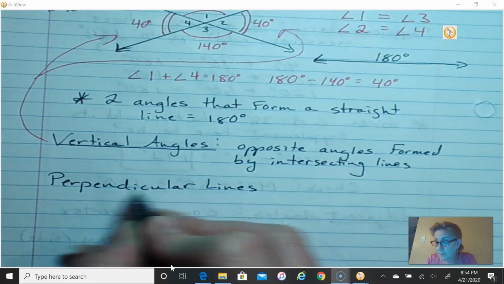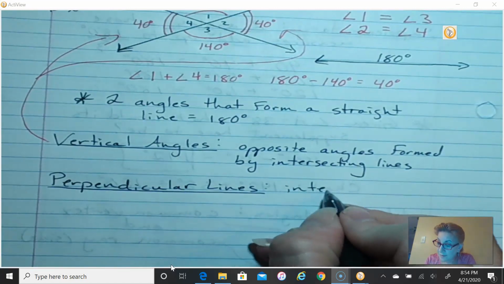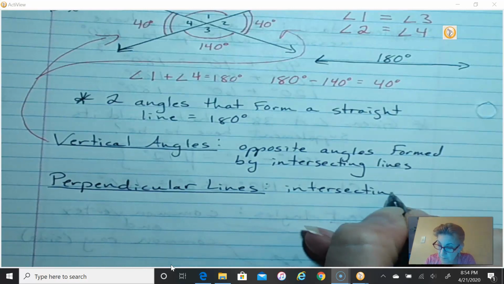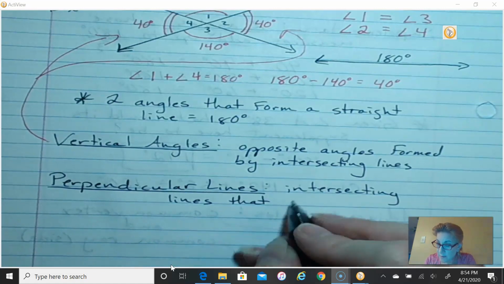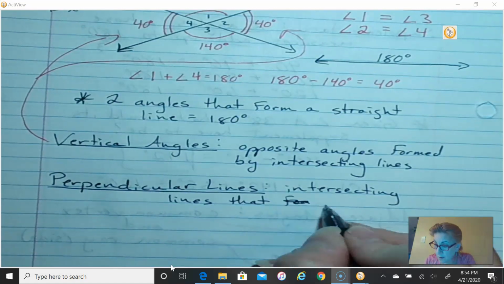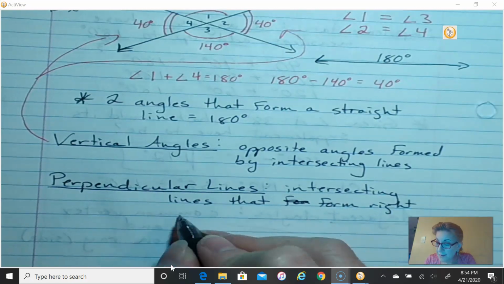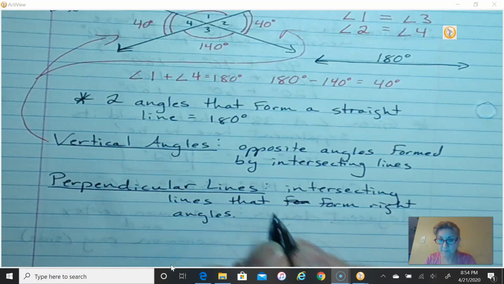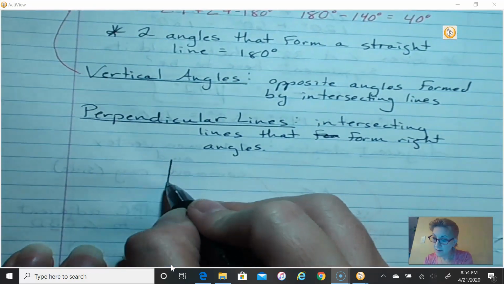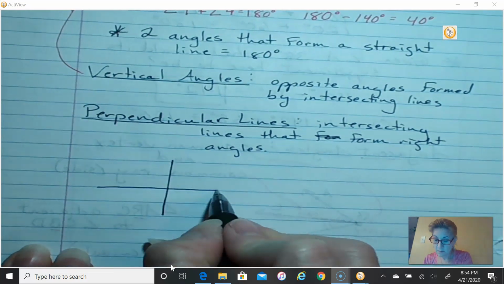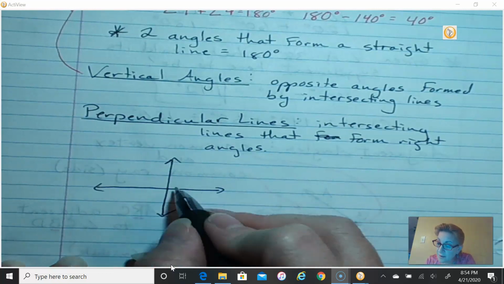Perpendicular lines. They are intersecting lines that form right angles. These are perpendicular lines.